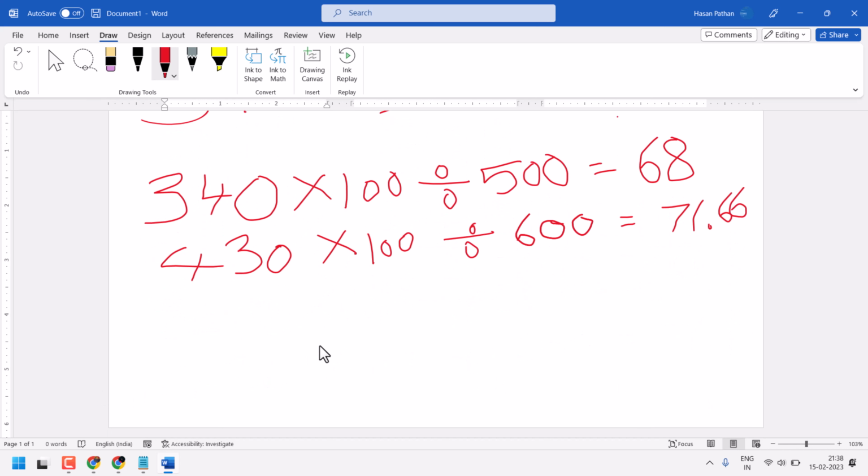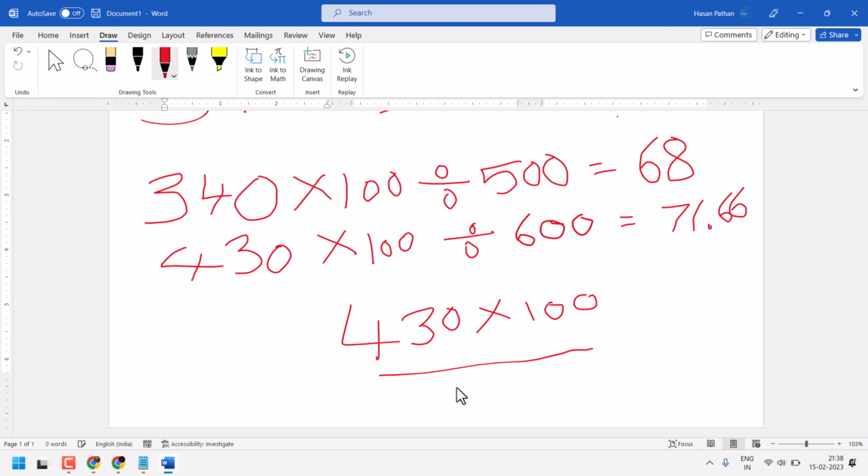And if you want to calculate manually without using any calculator, you have to type in this way: type the achieved number and multiply by 100, and here type total numbers.